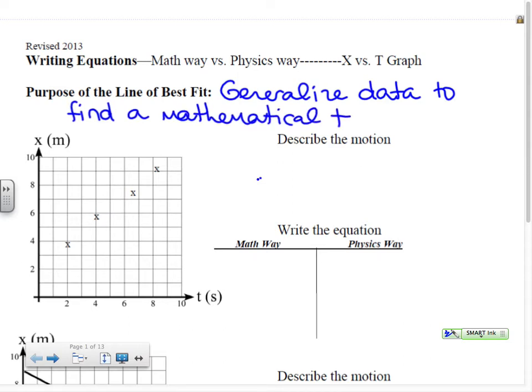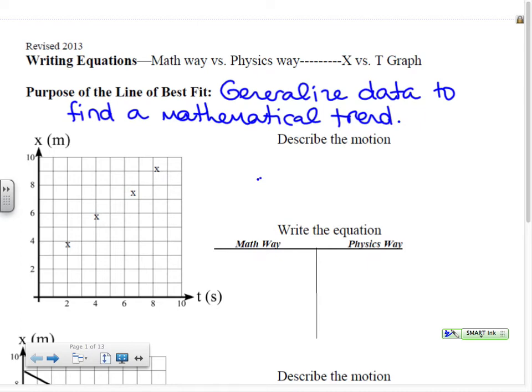A lot of people think that linear is obviously one mathematical trend, but you could have curves of best fit. Those curves of best fit could be quadratic, exponential, logarithmic, or inverse. There are lots of different mathematical trends.